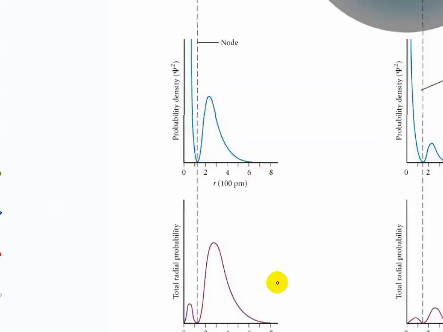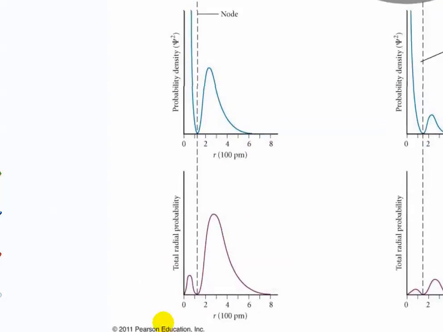And then here's something called the total radial probability, which accounts for the fact that the nucleus is actually in the middle. So even though the solution for the wave function shows that the probability should increase as you go toward 0, the nucleus is actually there, so we know the electron can't be at 0. If you account for that, this is really what it looks like.